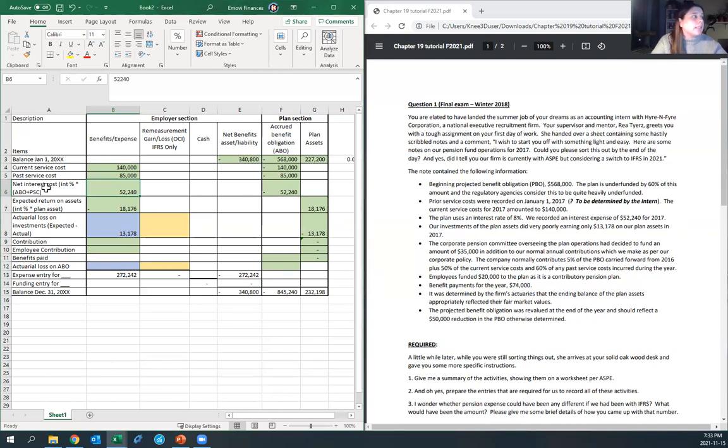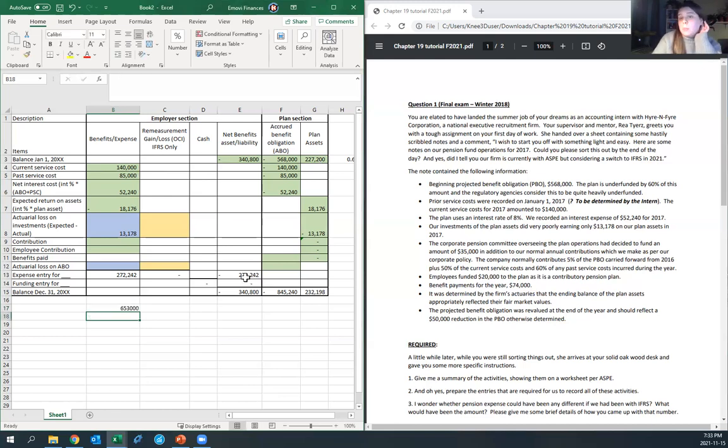Yeah, so if that wasn't given, you would have your past service cost that was given. So you would have had the $85,000 and you would have had your $500,000. So you would have done your 568,000 plus 85.